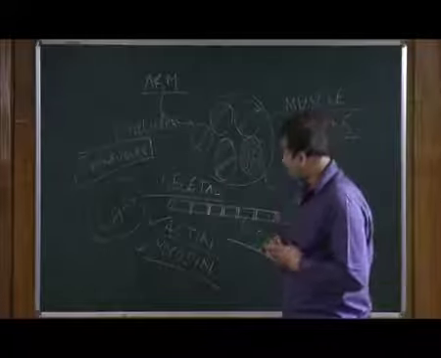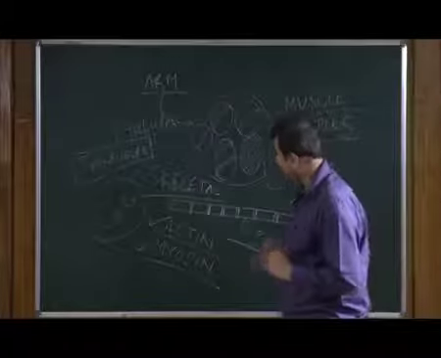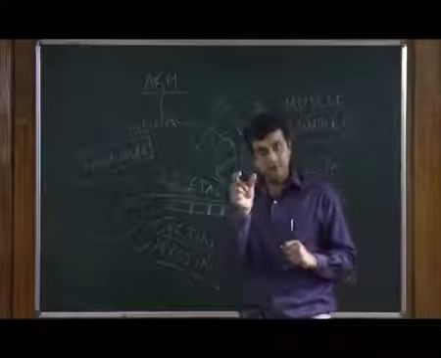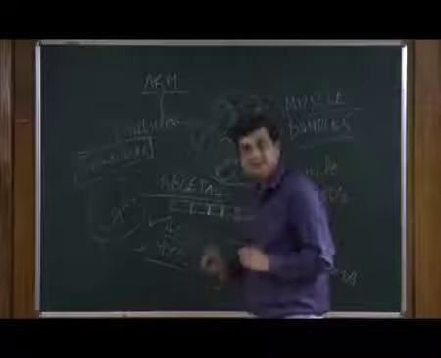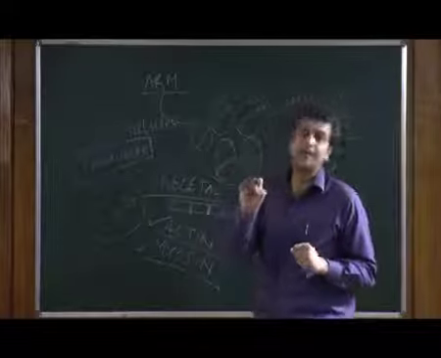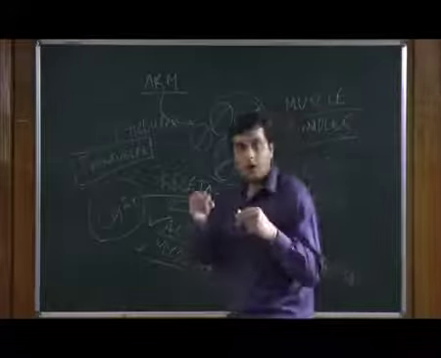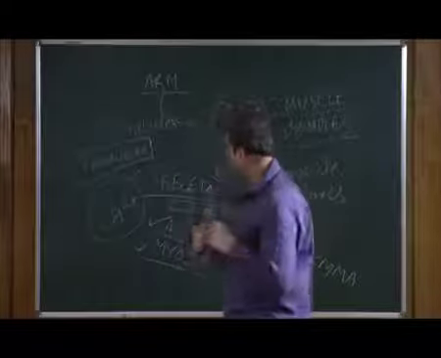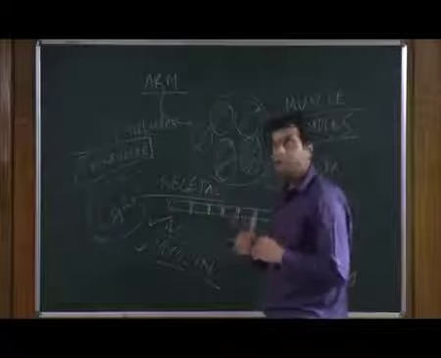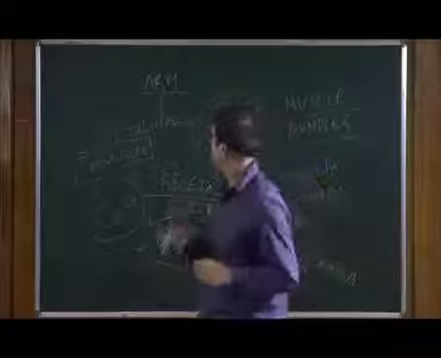The only thing we need to understand right now is that actin is the thin filament, very thin in nature, while myosin is thick, a little bit larger in diameter compared to actin. And we will see how actin and myosin converge in this whole phenomenon of the muscle fiber.